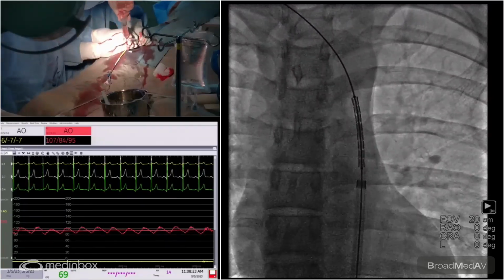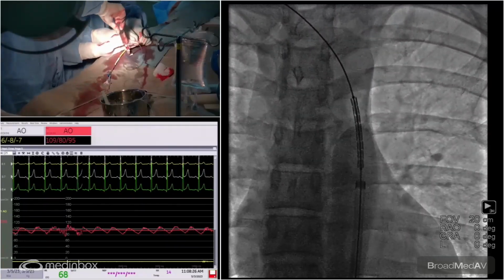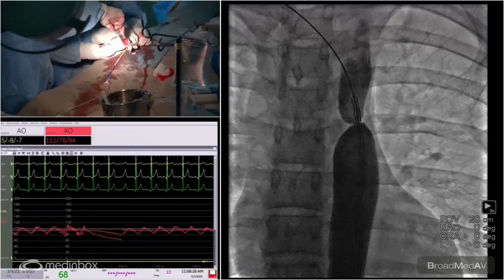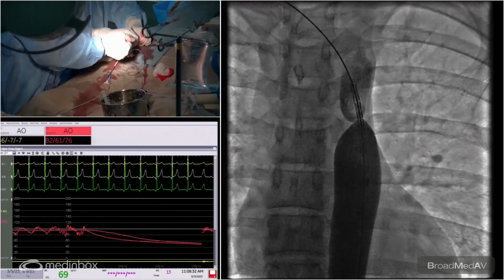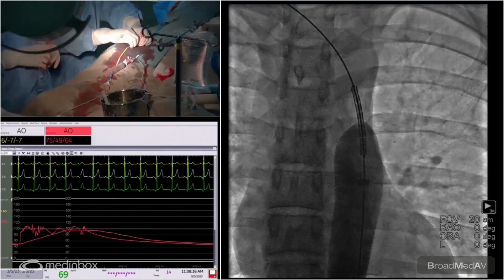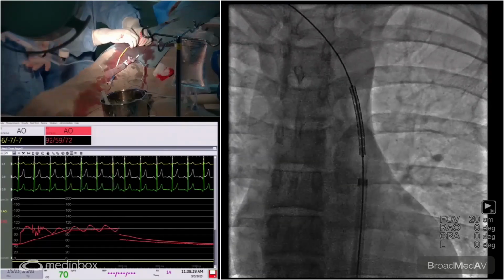We are layering with another 10 ml of contrast. This probably should be the last check angiogram. I think we should be in a precise position by now. Yes. You can see 50-50. 50-50, right? Okay.